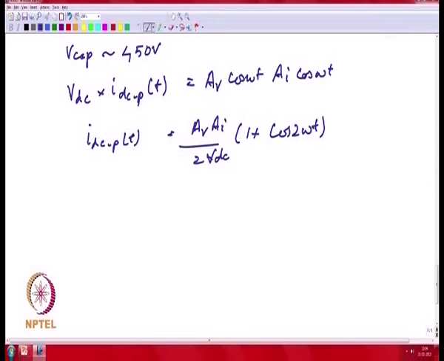There is a DC current that flows through which has a value of AV AI by 2 VDC, and there is a 100 hertz component flowing through, which would have an RMS value of AV AI by 2 root 2 VDC.